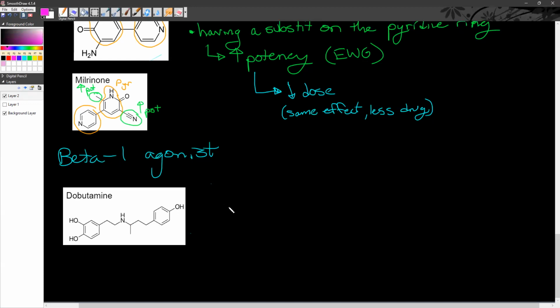The big thing to remember about dobutamine is that we have to have this norepi backbone. And the other part that is really important is that right here in the alpha position, no alpha OH, this means that it's beta 1 selective. And that's really the two big factors there.